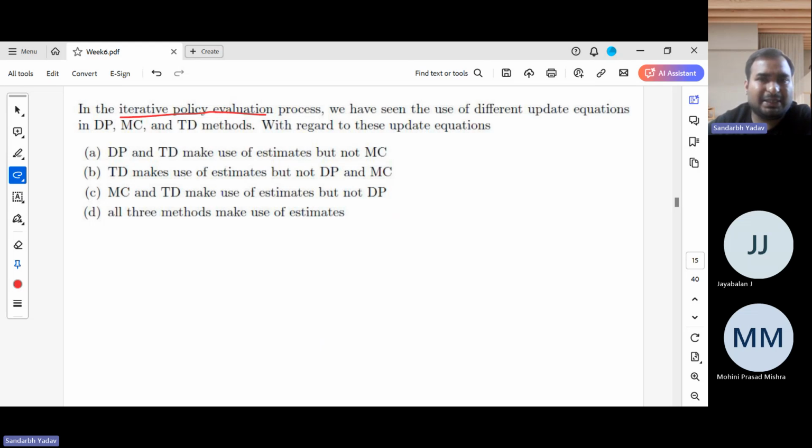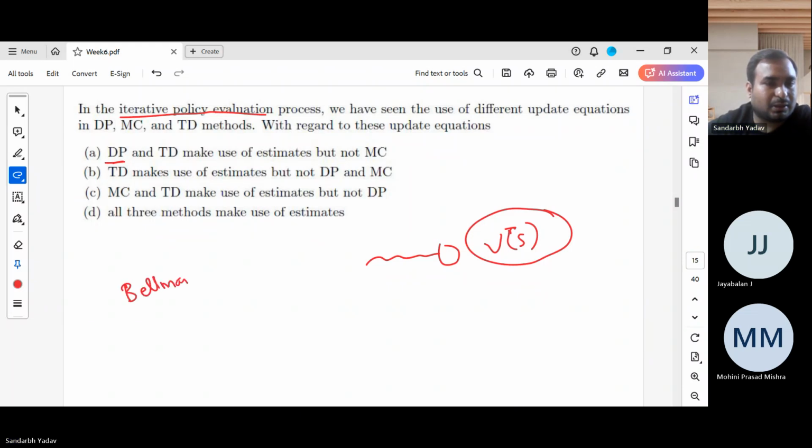Estimates are basically when, after traversing some way into the trajectory, we reach some state and we plug in the value of that state, V of that state. So in which of these methods do we do this? In dynamic programming, you remember the Bellman equations.